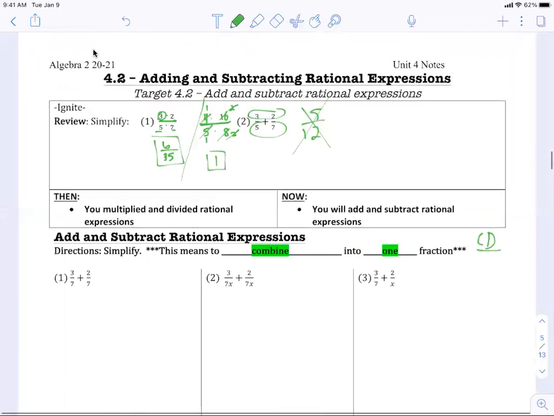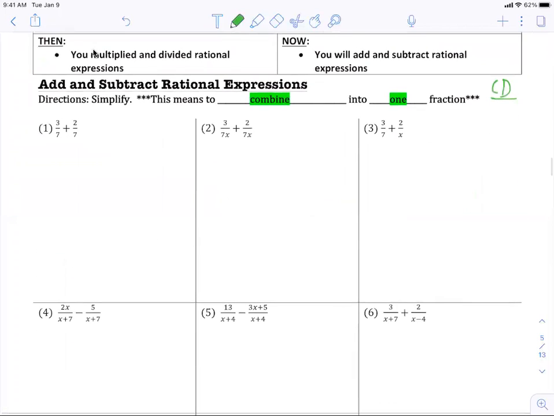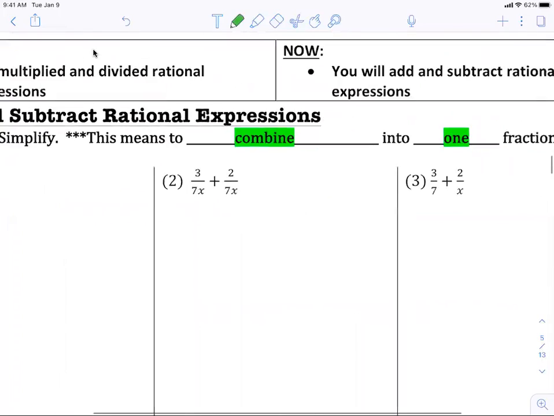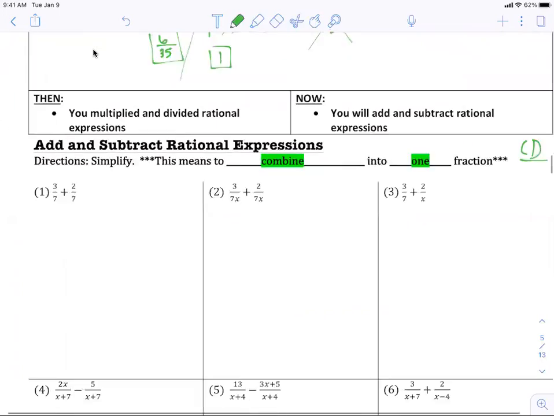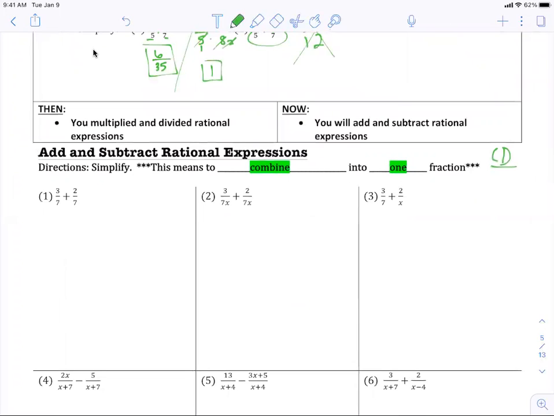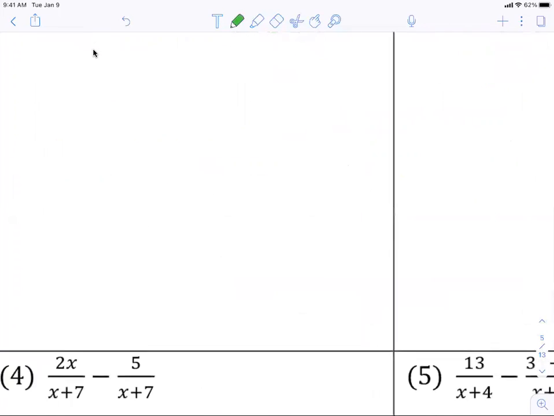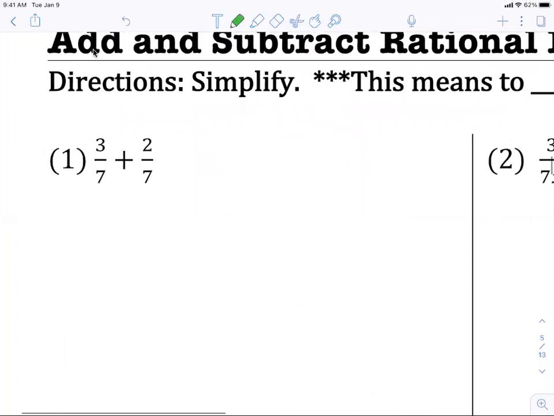If you're going to simplify fractions, let's start with the first one. Simplifying means we want to combine it into one specific fraction. In order to do that, the common denominator is how we go about it. So being able to identify what the common denominator is is a really useful skill.